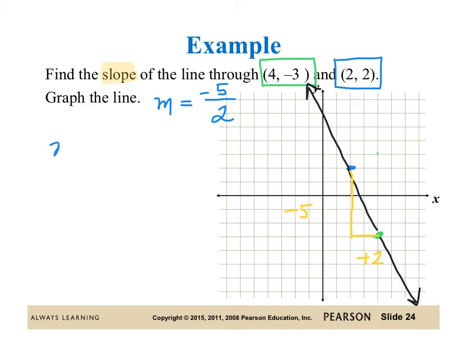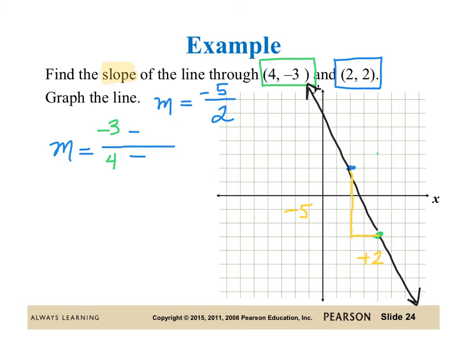First I'm going to write the essentials of your slope formula, which is a fraction, so draw the fraction bar. In the numerator you'll be subtracting, and in the denominator you're also subtracting. For the first point, y is on top. Remember, you have to put the y value on top because it's vertical change. -3 is on top and 4 is on the bottom. That's the point 4, -3.